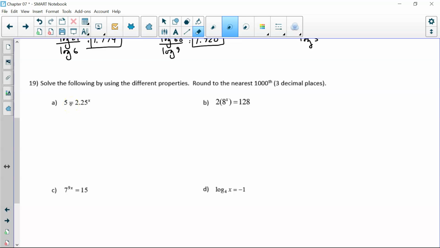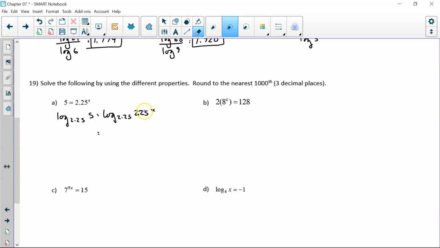Or what we can do is we can take the log of both sides. So we have here is the log base 2.25 of 5 equals the log of base 2.25 to the x.